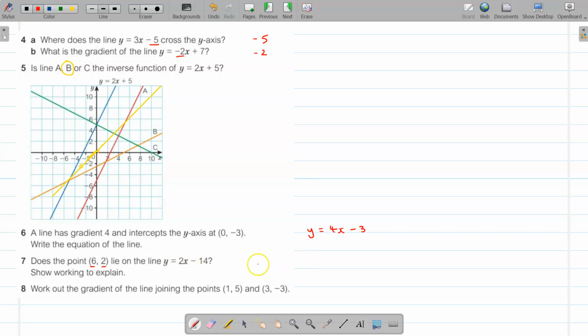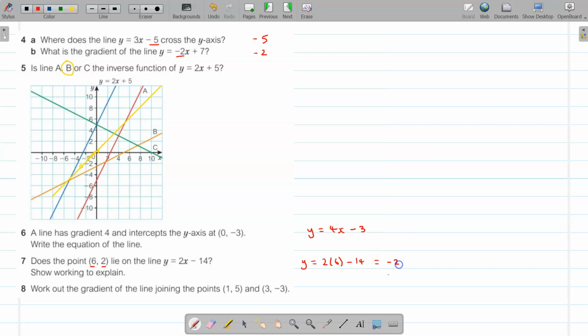So what I do is I take this and I say y equals 2 lots of 6, minus 14. Now that comes to 2 times 6 is 12, minus 14 is minus 2.